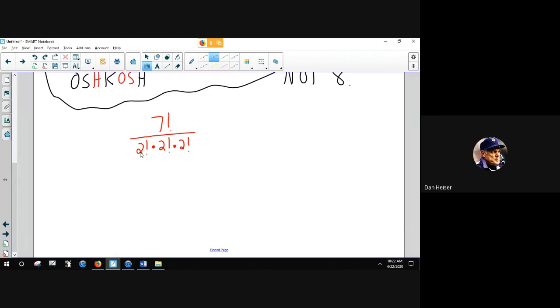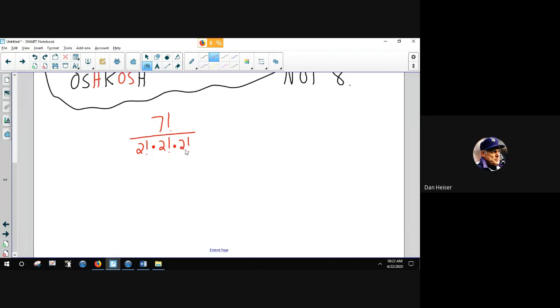I take whatever item is repeated and divide by that factorial, because I have 2 spots, 2 ways of just switching the same letters around. That doesn't change anything. 2 ways of switching the S's around, 2 ways of writing the H's without changing anything.